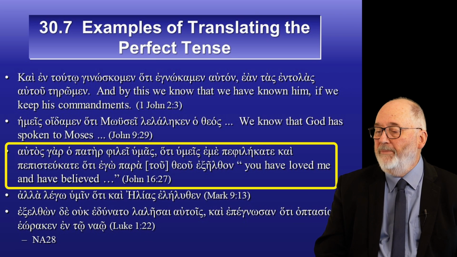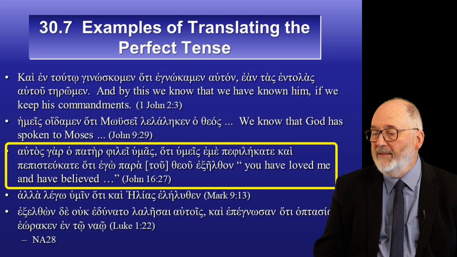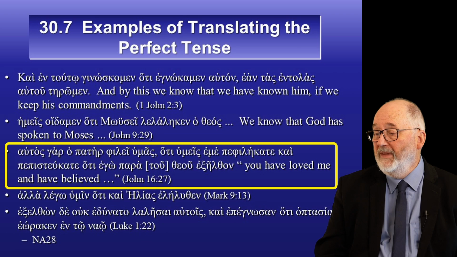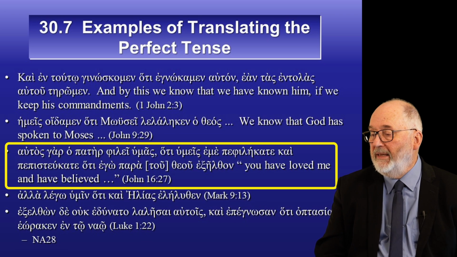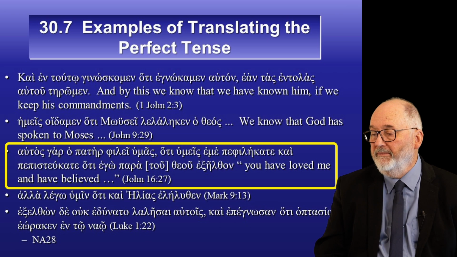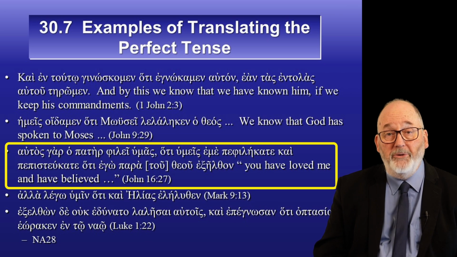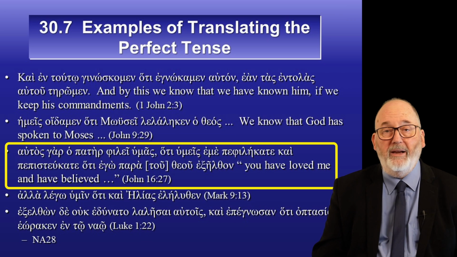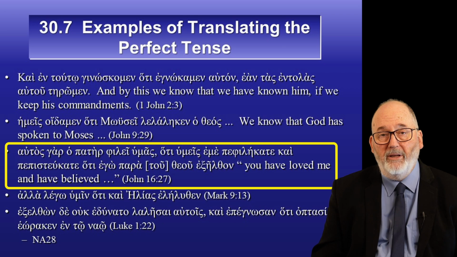Autos gar ho patēr philei humas. For the Father himself loves us. Hoti humeis eme pephilēkate kai pepisteukate hoti egō para tou theou exēlthon. Because you have loved me and have believed that I have come from God.